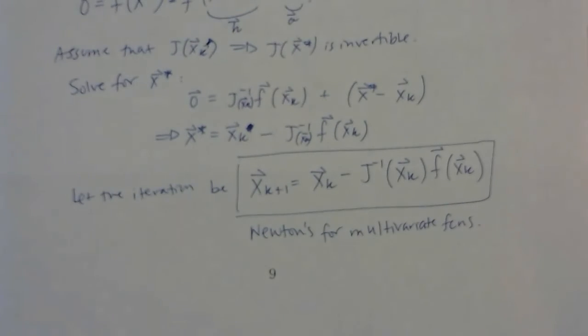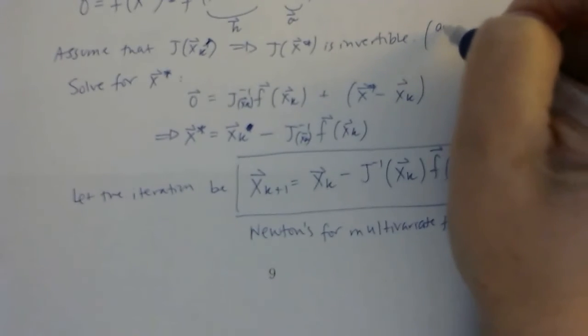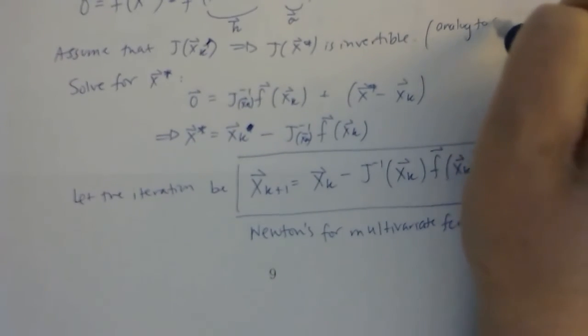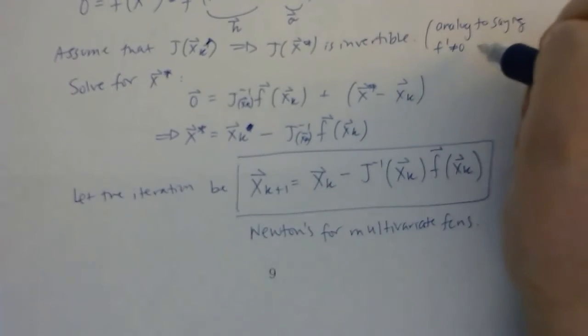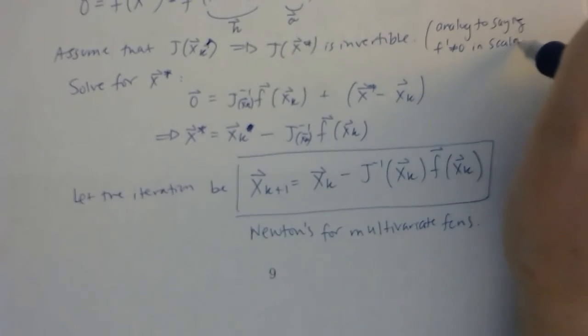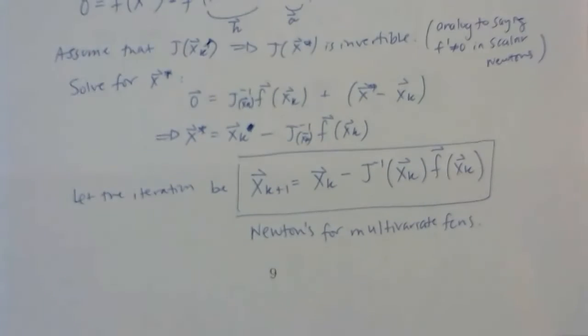So maybe we'll put a note here: this is an analog to saying f prime non-zero in scalar Newton's. Scalar Newton's method doesn't work when your derivative is 0 anyway. Okay, excellent. So that's Newton's in general.